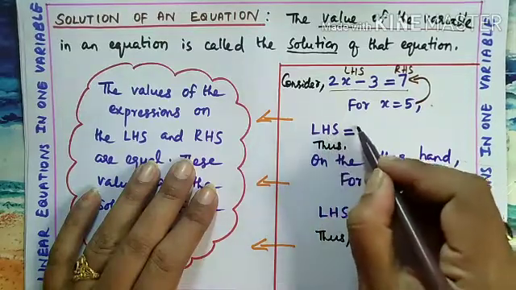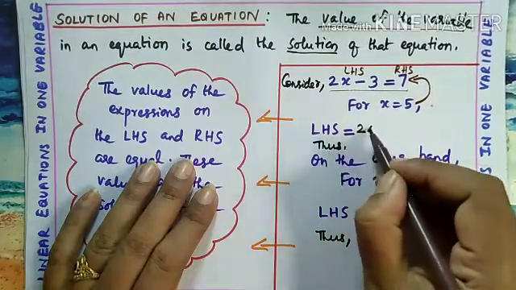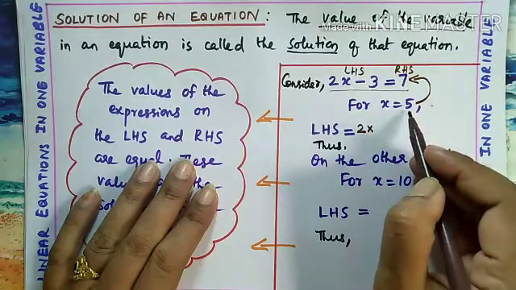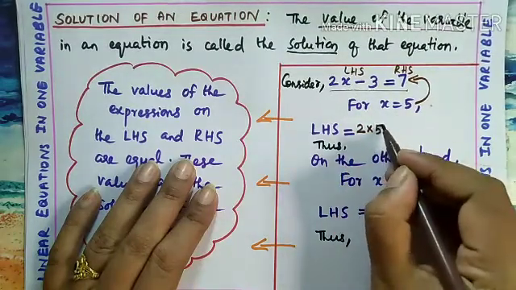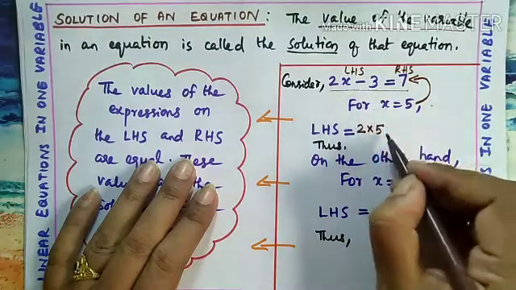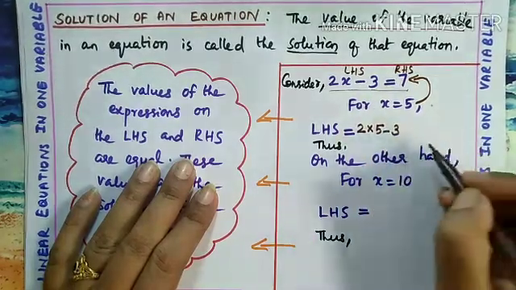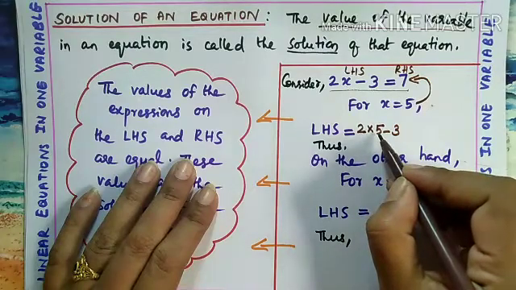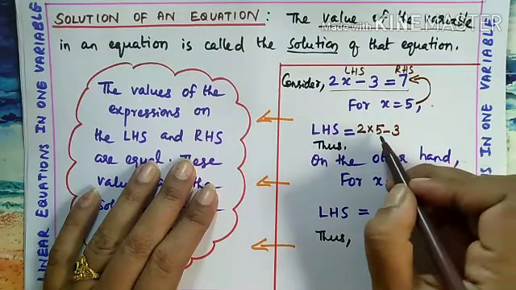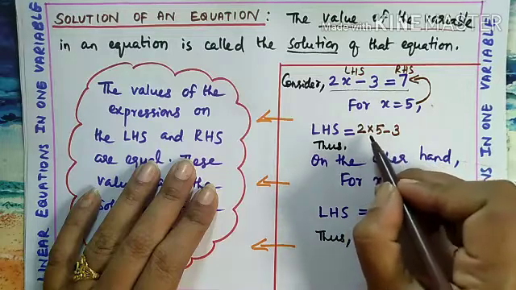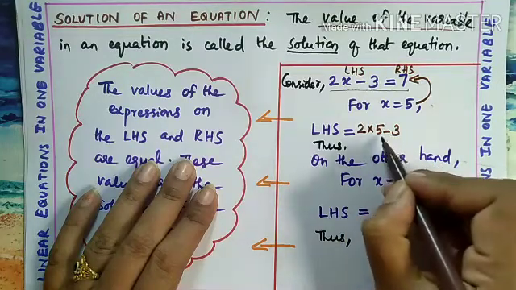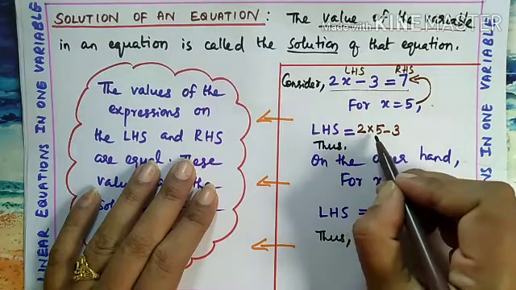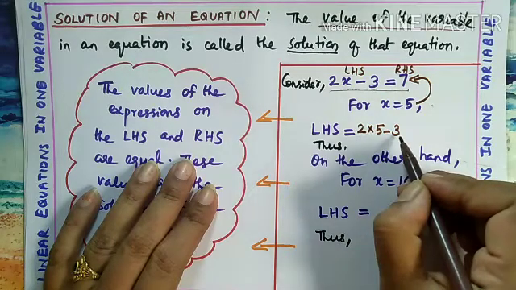LHS equal to 2 into x, for x I am putting this value 5. So 2 into 5, and the next number, minus 3. Now you check this answer. What is 2 into 5? 10. Okay. Remember the BODMAS rule. First we want to multiply, then subtract. Don't do 5 minus 3. That is wrong. You want to first find the product, then only you subtract.